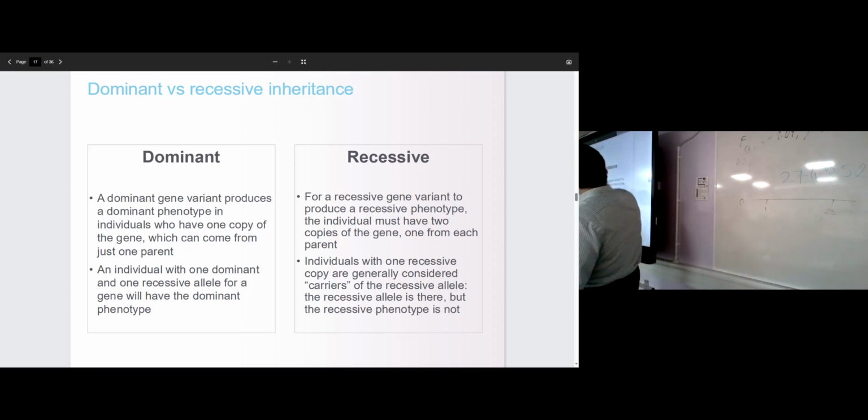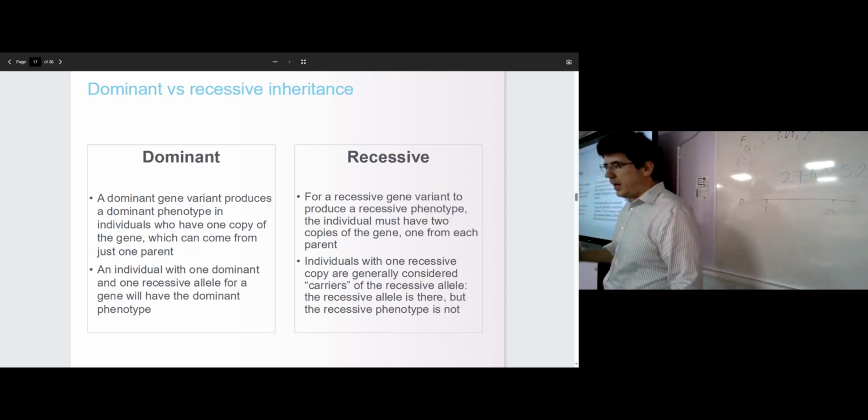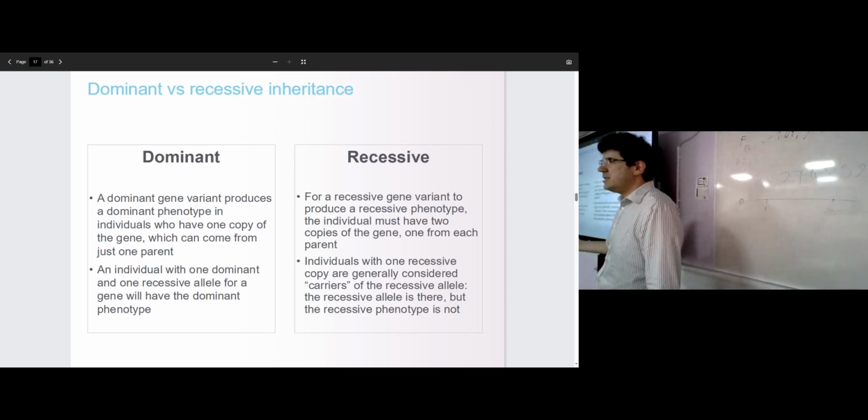But this dominant recessive paradigm doesn't work for most diseases that people are affected by in health, because most diseases are polygenic. Diabetes is highly polygenic. Cancer is highly polygenic. The main diseases people die of in the West are highly polygenic.